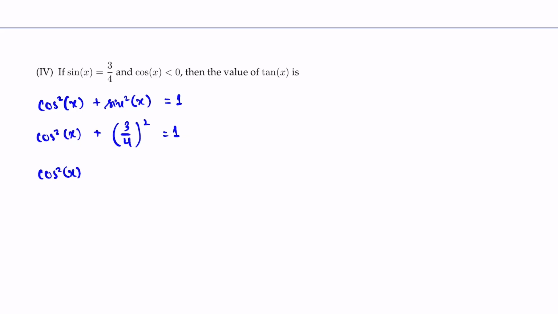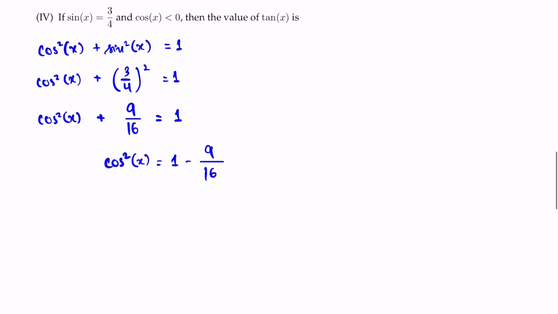Eventually we're going to find the value of cosine of x. Here 3/4 squared gives you 9/16 plus cosine square of x equal to 1. Then you can solve for cosine square of x. This is equal to 1 minus 9/16, so cosine square of x equal to 7/16.